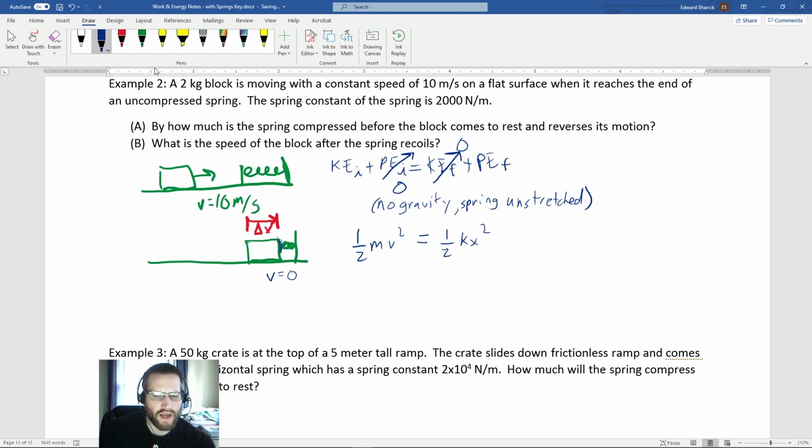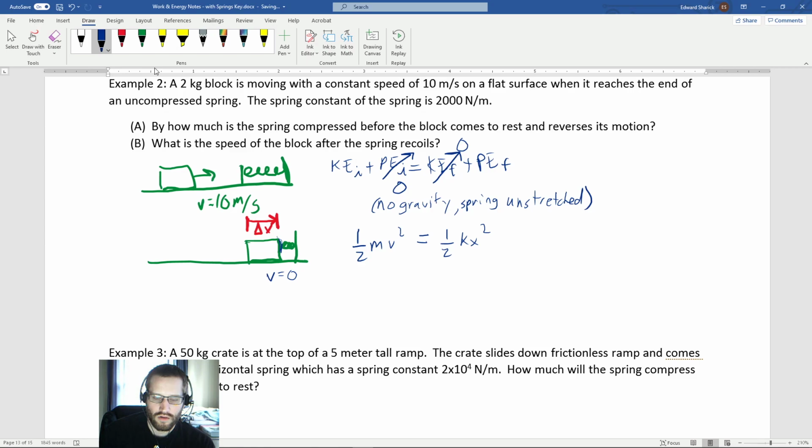Now notice that I can't cancel the mass like I was able to do with the other examples in the conservation of energy with gravity. I was able to cancel out mass very easily. But in this case, since we're looking at potential energy of a spring, it does not depend on the mass of the block that's impacting it, just the spring constant.